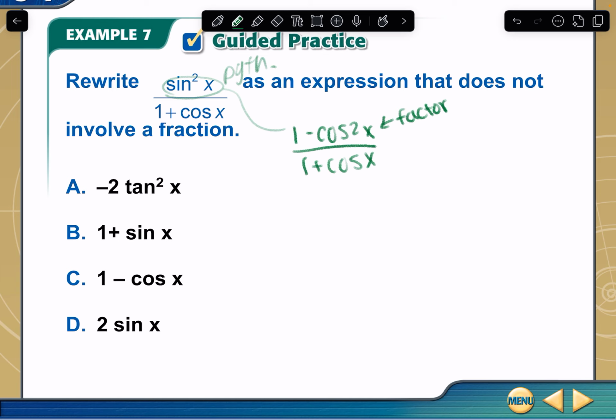So it's been a hot minute since we've looked at factoring, but this is one of your difference of squares, which is where that's coming from. Difference meaning subtraction, square meaning I can take the square root of both of them. So my numerator, I'm going to break apart into 1 minus cosine x times 1 plus cosine x.